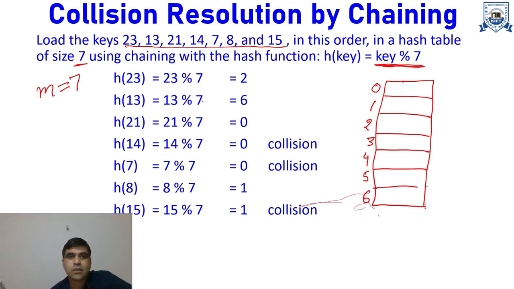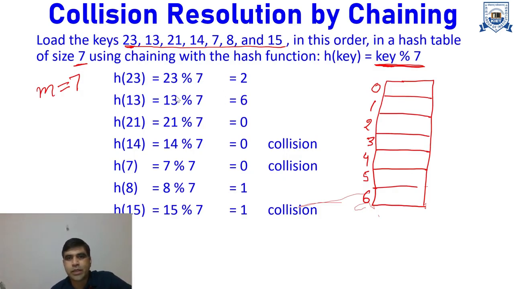So now let's see how we can store these values into our hash table. How can we map this? See, the first value is 23, so we want to map this 23 into the hash table. So first, which method are we using? We are using the division modulo method. So we do 23, this is the key, modulo 7, the table size, so we'll get 2.